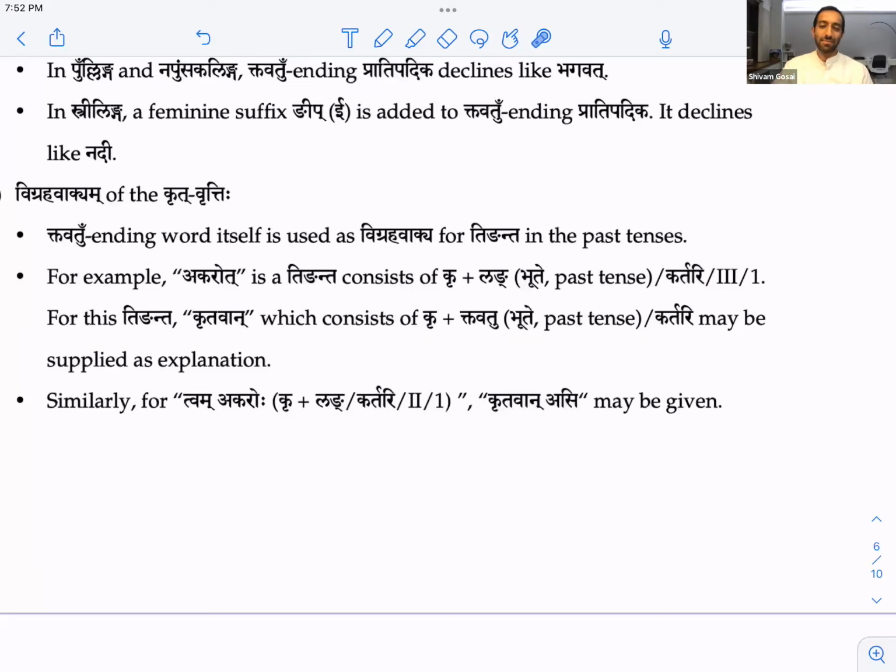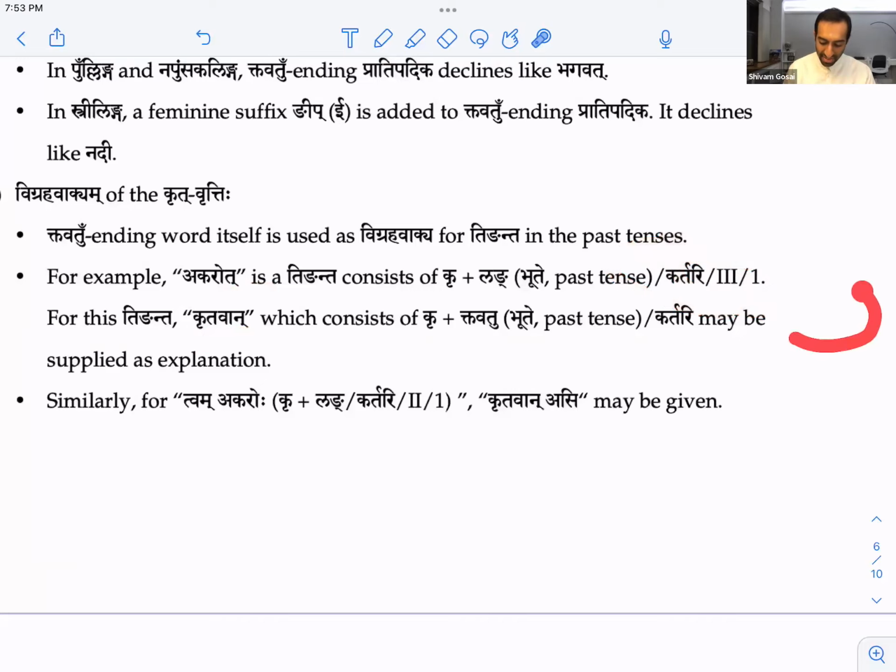So A equals B, but B does not equal A in that way, right? If we're using akarot to describe Kritavan, then we're going to use Prathama Purusha Ekavachanam.